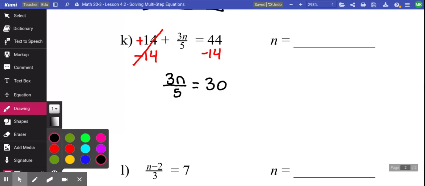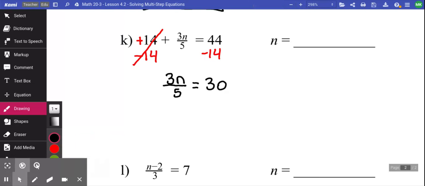And we get this weird fraction spot. How does 3n divided by 5 equal 30? We're going to have to move one thing at a time. I like to move division first. To me, that's the easier thing to move. So I'm going to move this 5 first.